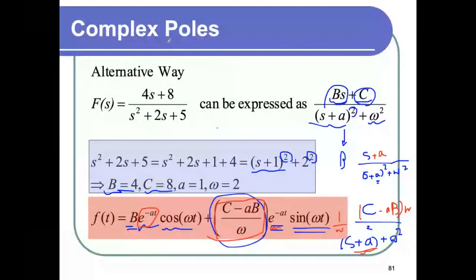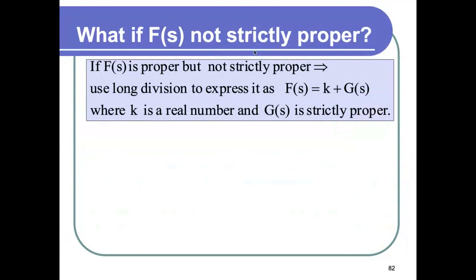Then the next order of business is to deal with when f is not strictly proper. So if f is proper but not strictly proper, we can use long division to express it as k plus g, where k is a real number and g is a strictly proper function.